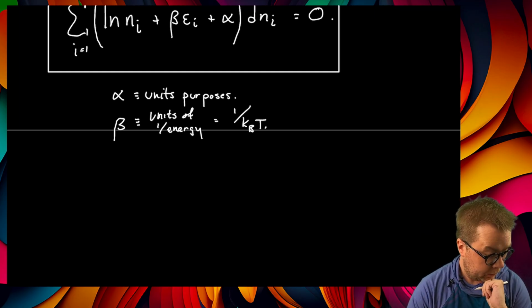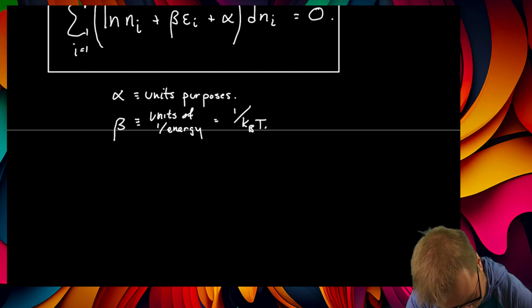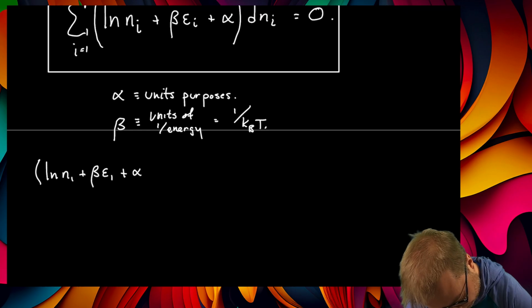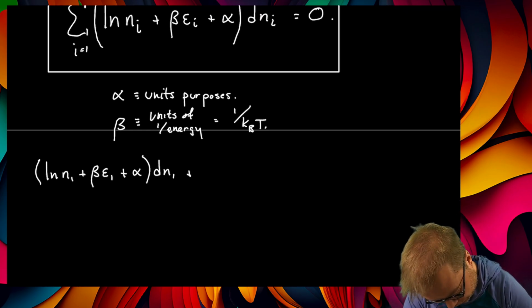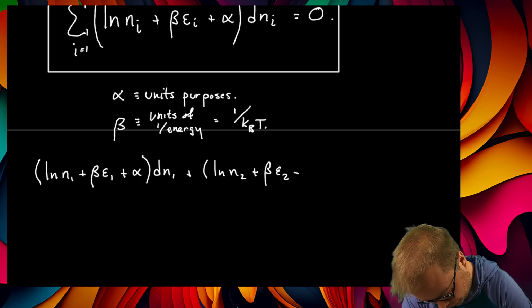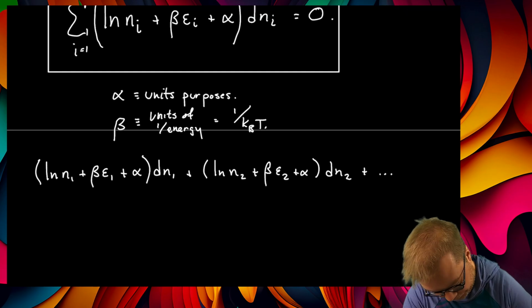For the first term, we've got log of n1 plus beta epsilon 1 plus alpha, dn1, plus log of n2 plus beta epsilon 2 plus alpha, dn2, first two terms, plus dot, dot, dot.